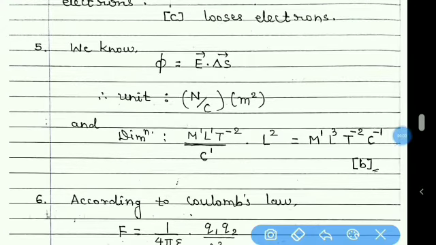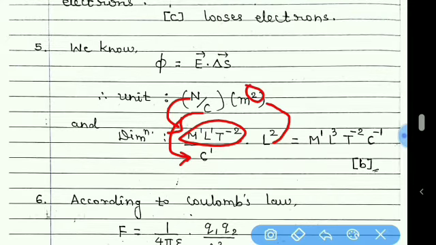Now the dimensional formula for Newton, which is the unit of force, is M1 L1 T raised to minus 2, and the dimension of charge, that is coulomb, is written here, and the dimension of meter, that is length, is L. As there is a square here, we will put square.